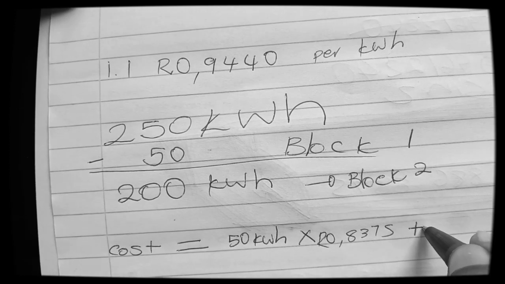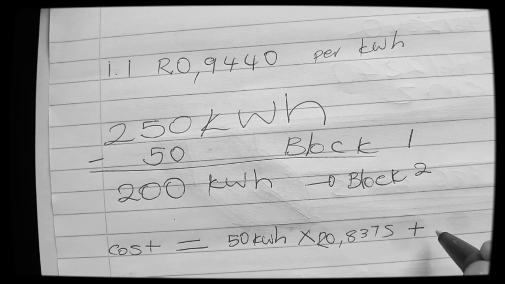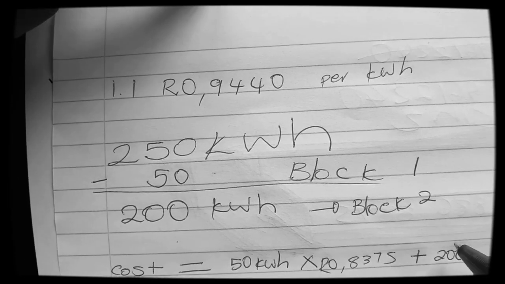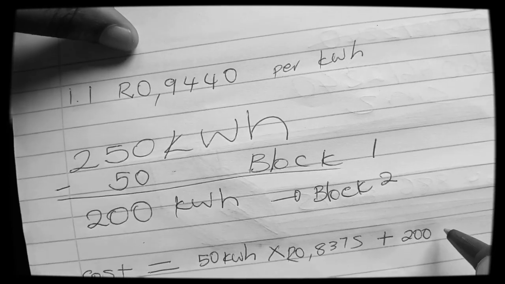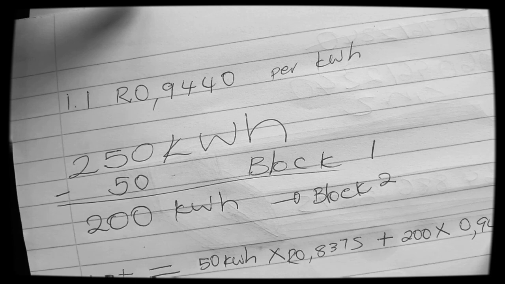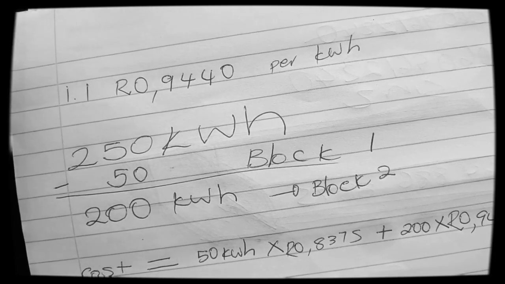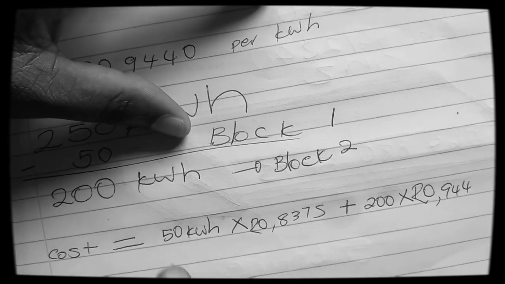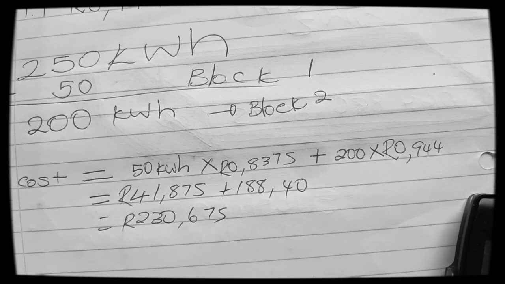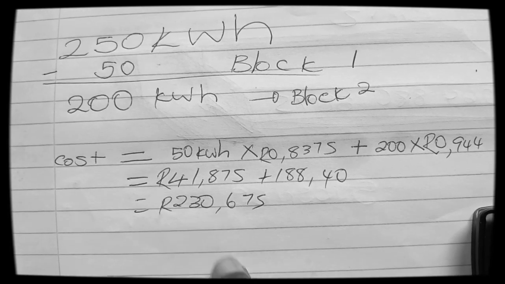And then plus the other kids that we left in school 2, that is 200. We left not 300, we left 200 there, right? So that is 200 multiplied by 0.944, right? Remember, we said that this does not include what? VAT. So the total charge, you still have to add VAT here.